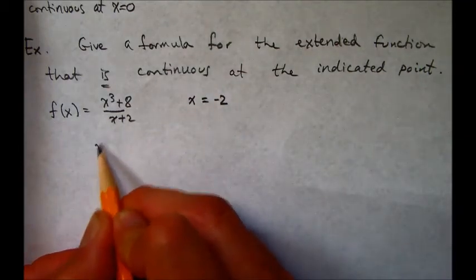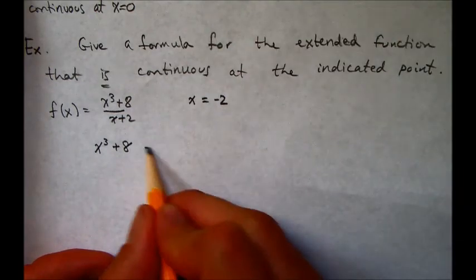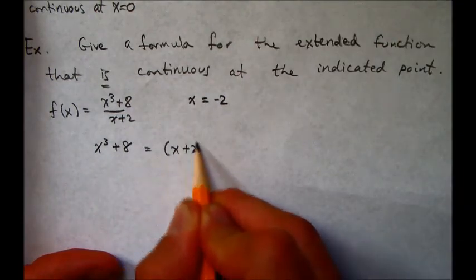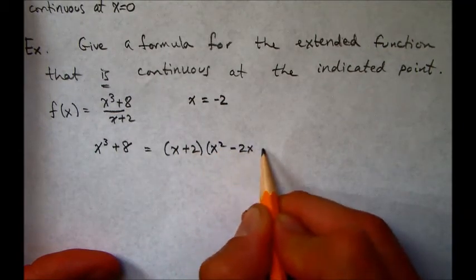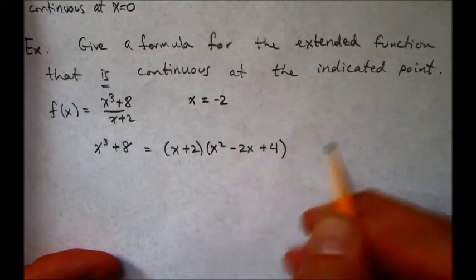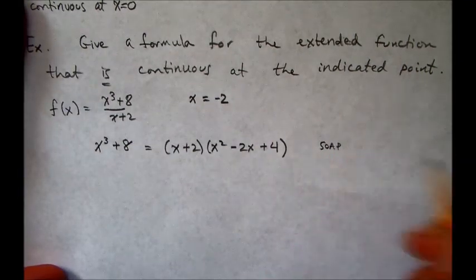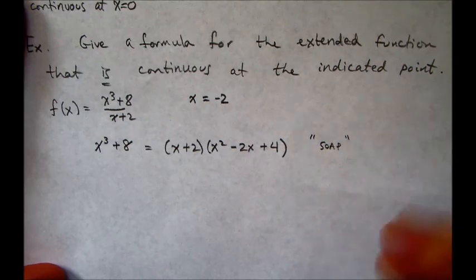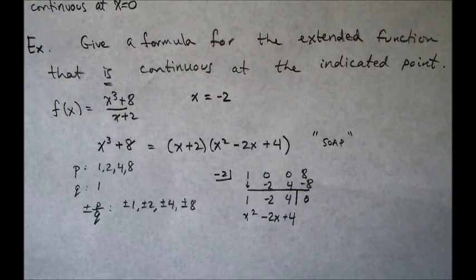Okay, so I don't know if you remember how to factor a sum of cubes, but this one factors into x plus 2 and x squared minus 2x plus 4. Okay, this uses the SOAP rule that you learned in Algebra 2 Honors.